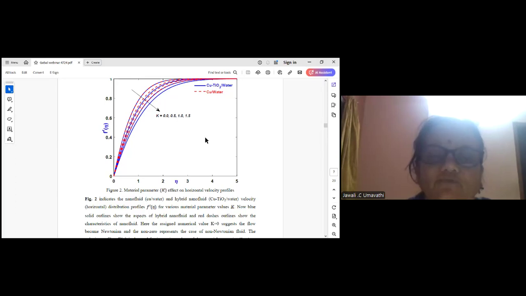So the effect of the material parameter is not like the Eckert number or other parameters. I'm telling this in a general way because I did a lot of micropolar fluid problems, and in all problems I'm getting a similar result. Even if you take 3, 4, 5, 10, the profiles will not change.